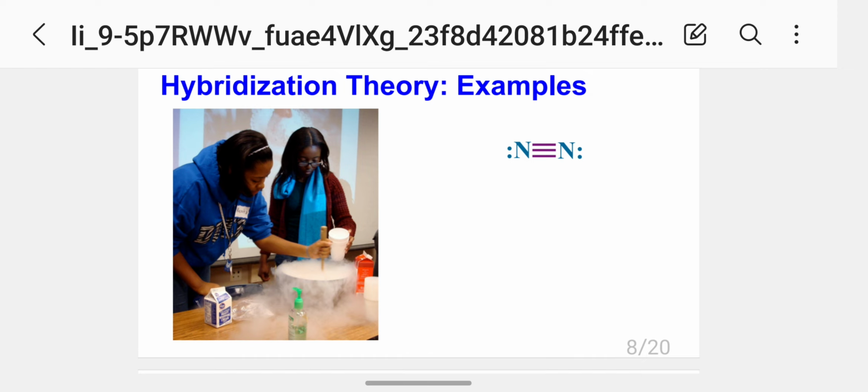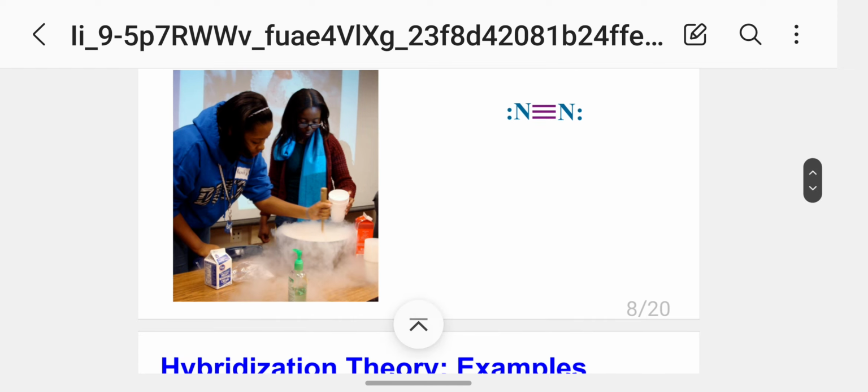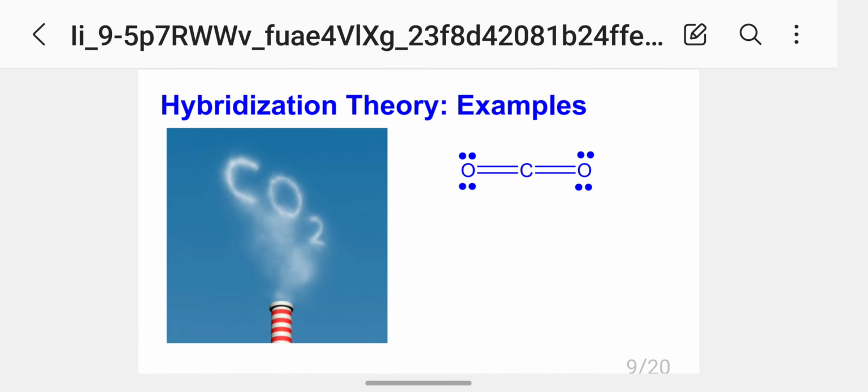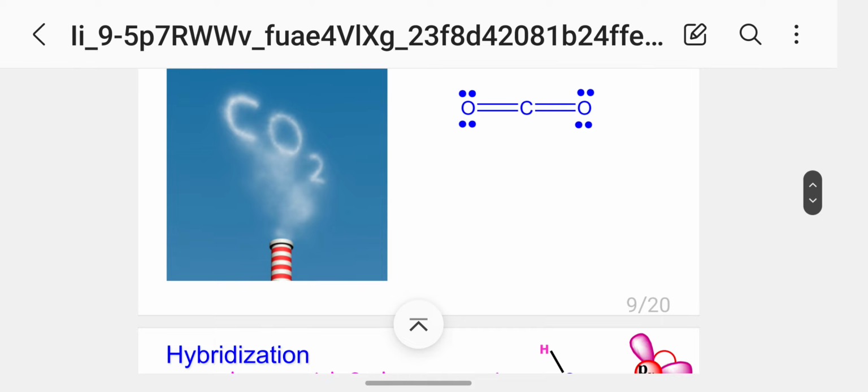Another general example in hybridization theory is nitrogen gas, in which we have 2 lone pairs, one on the right, one on the left, and 2 pi bonds on the upper portion and 1 sigma bond on the lower portion. Another example which we expressed already is the carbon dioxide being produced from chimneys in industrial applications.